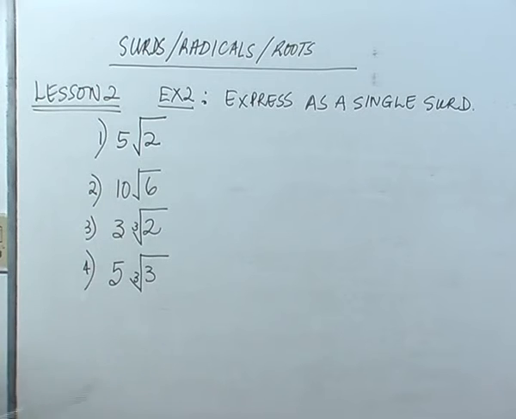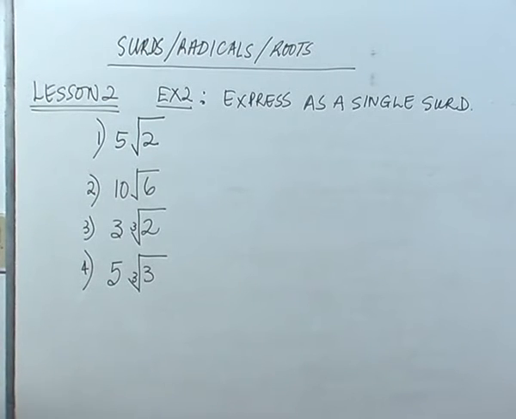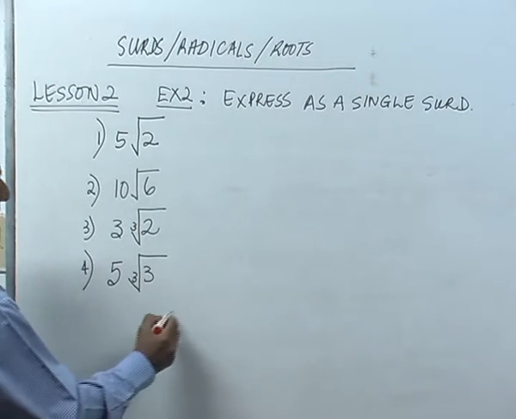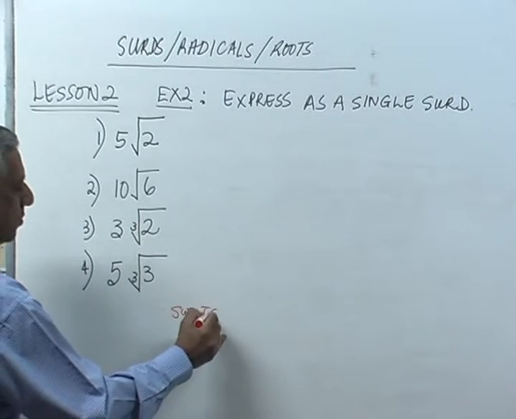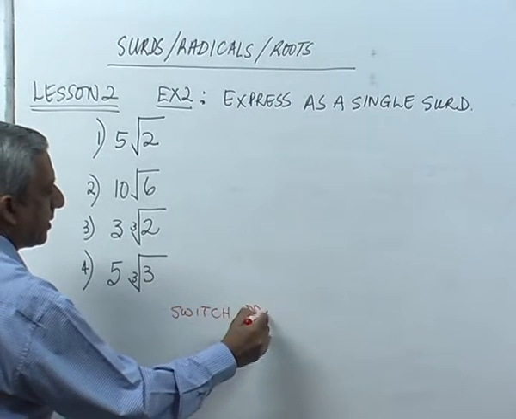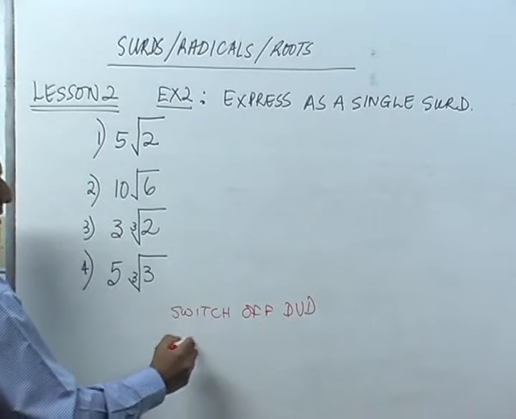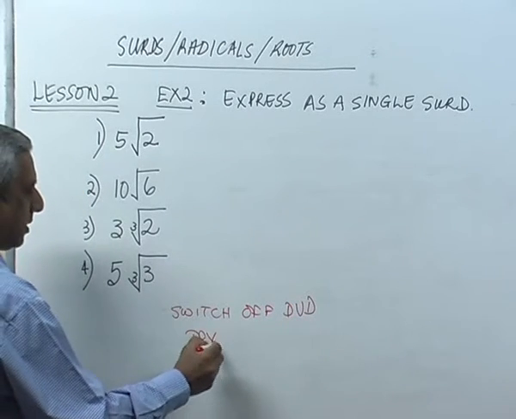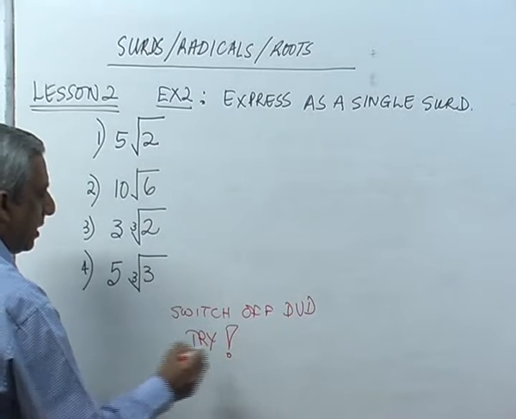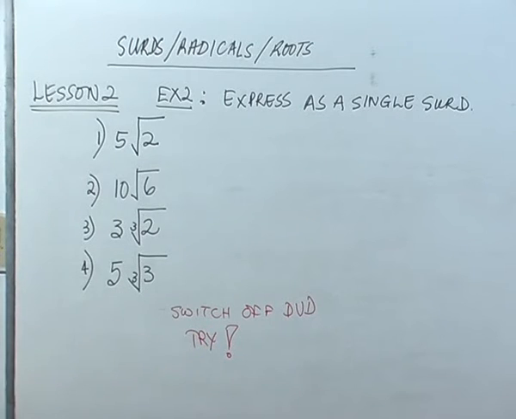You are required to express each one as a single surd. Alright, now you must switch off the DVD. Try them on your own, right? Try them on your own and then come back and we will mark them for you. Alright, best of luck.